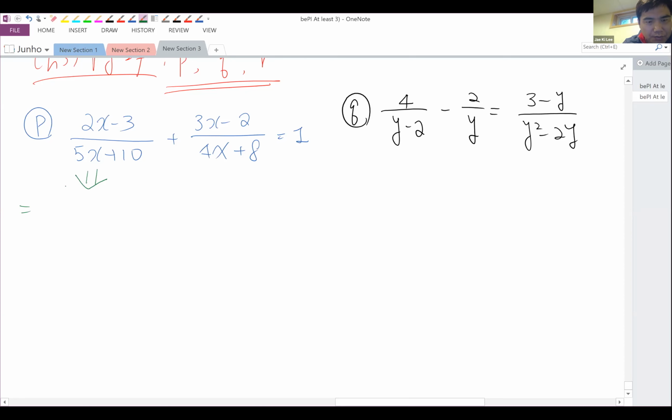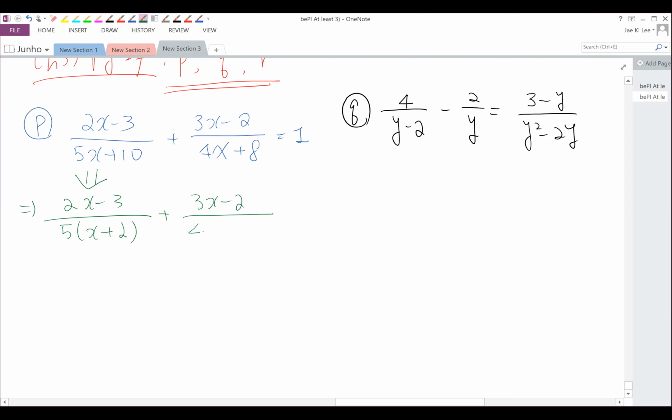So this becomes (2x minus 3) over 5 times (x plus 2), plus (3x minus 2) over, factoring the denominator, 4 times (x plus 2), equal to 1.